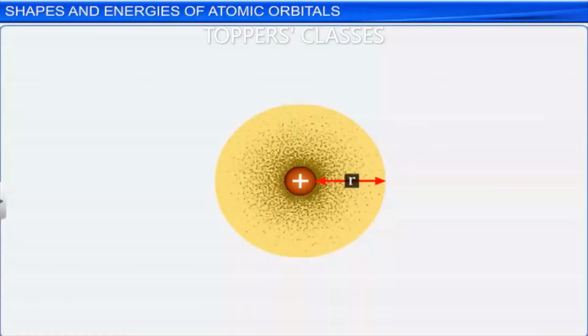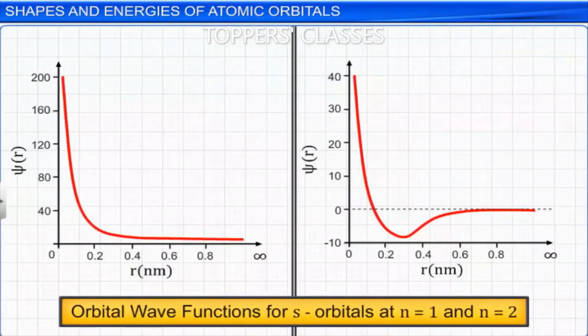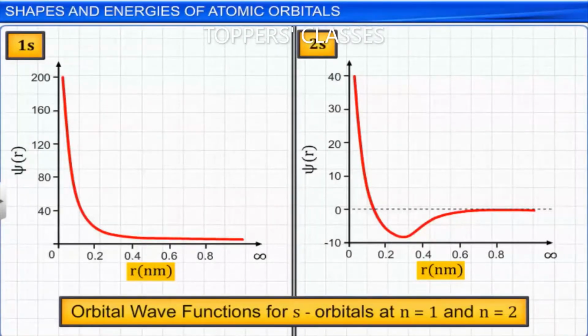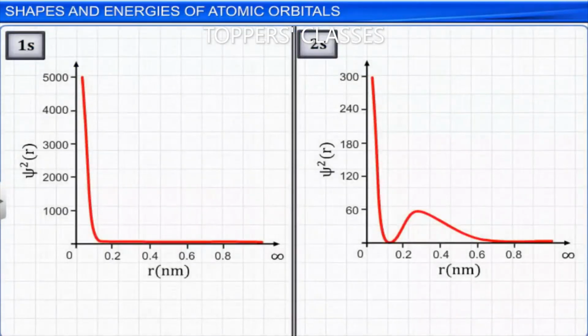Let us look at the plots corresponding to the orbital wave function psi as a function of distance of an electron from the nucleus, that is, r, for the 1s and 2s orbitals. Similarly, look at the curves of probability density psi square as a function of radius for these orbitals. The following are the important conclusions that can be drawn from these plots.